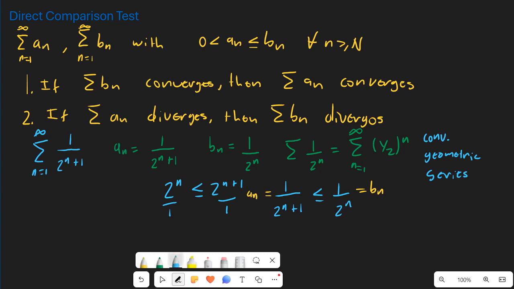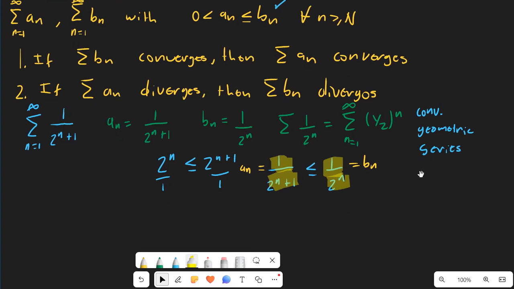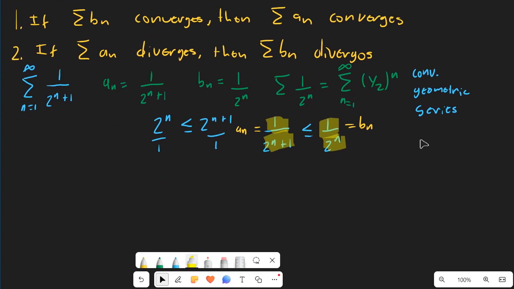Not only did we satisfy the inequality, because the left-hand side is less than or equal to the right-hand side, but that is exactly what we wanted to show. Since bn is a converging geometric series, that would also imply that the series from 1 to infinity of 1 over 2 to the n plus 1 is also a converging series.